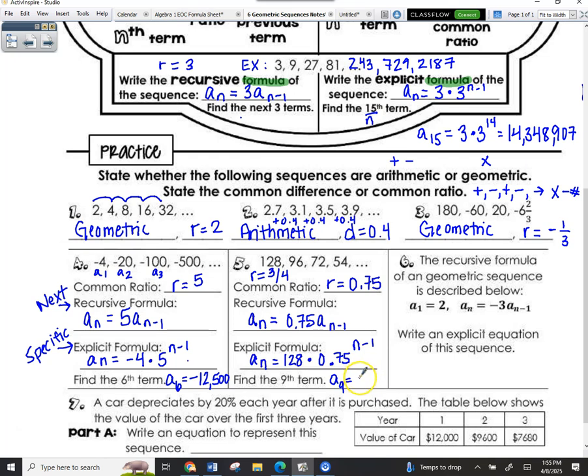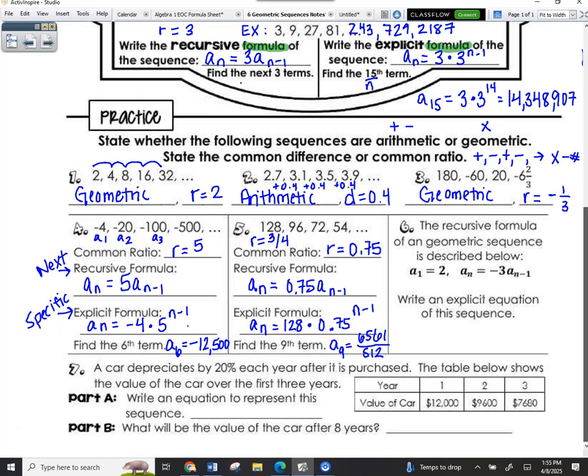What is it? 6,561 over 512. Yeah, it's ugly. All right, look at this next one. The recursive formula of a geometric sequence is described below. Tell me the explicit, which means I need A sub 1.